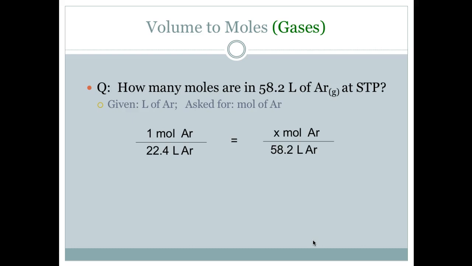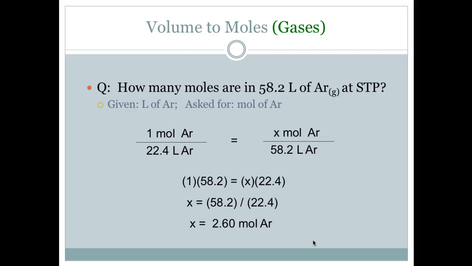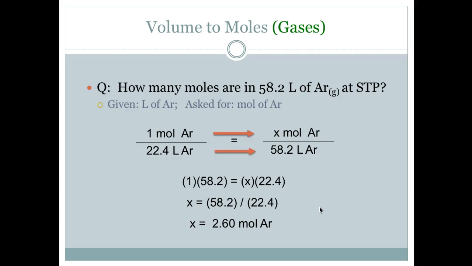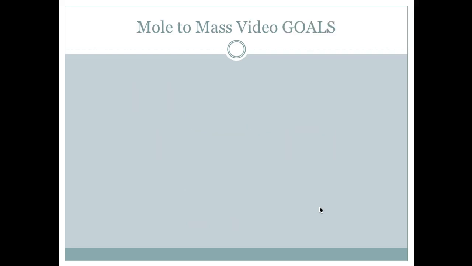Set this equal to the information from the problem, x over 58.2, cross multiply, solve for x, and we find that 58.2 liters is equal to 2.60 moles of argon. Again, this half of our proportion is the relationship we know, this is from the problem, and our units line up. That brings us to the end of this video.